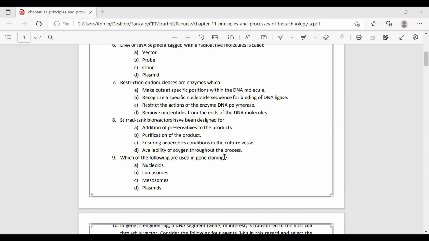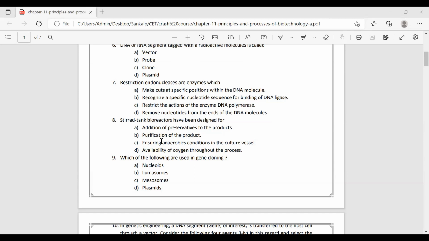Janavi said purification, option B. Okay.